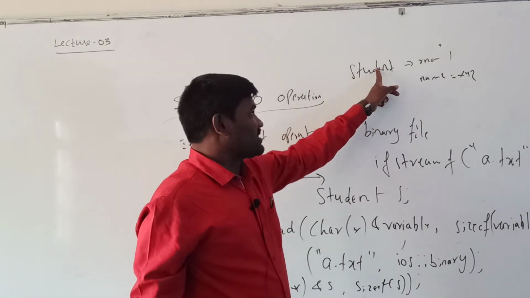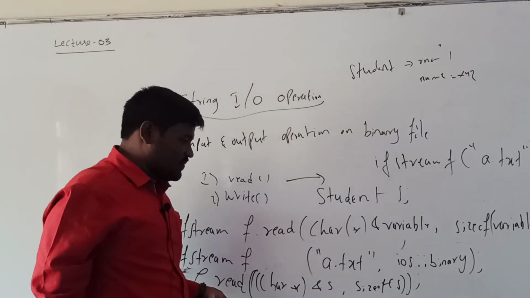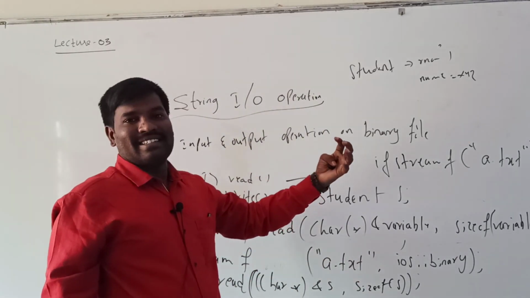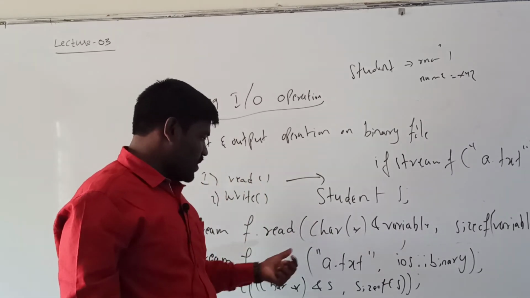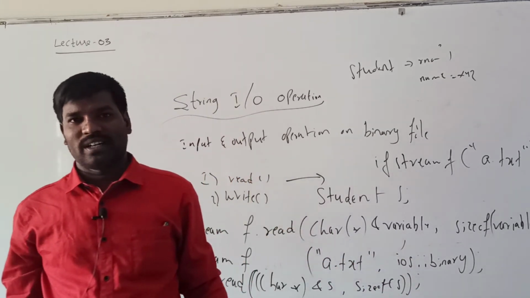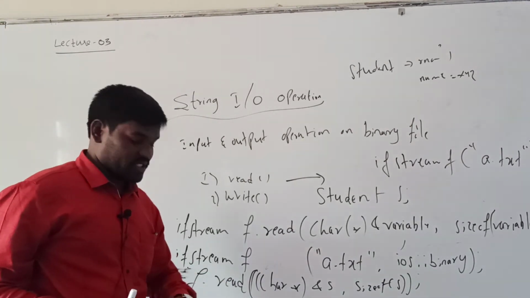With the help of this read function it will get the data into the object. It will get the data from a.txt and it is stored in s. Okay, so this is the read function.